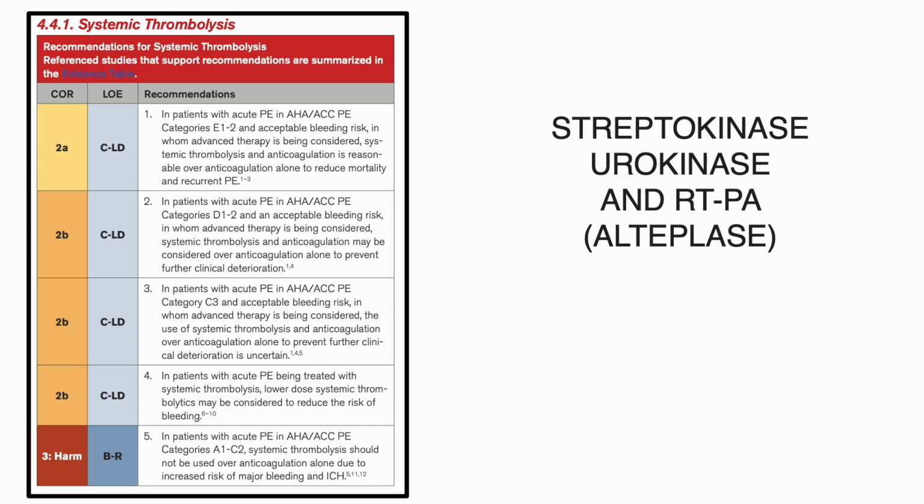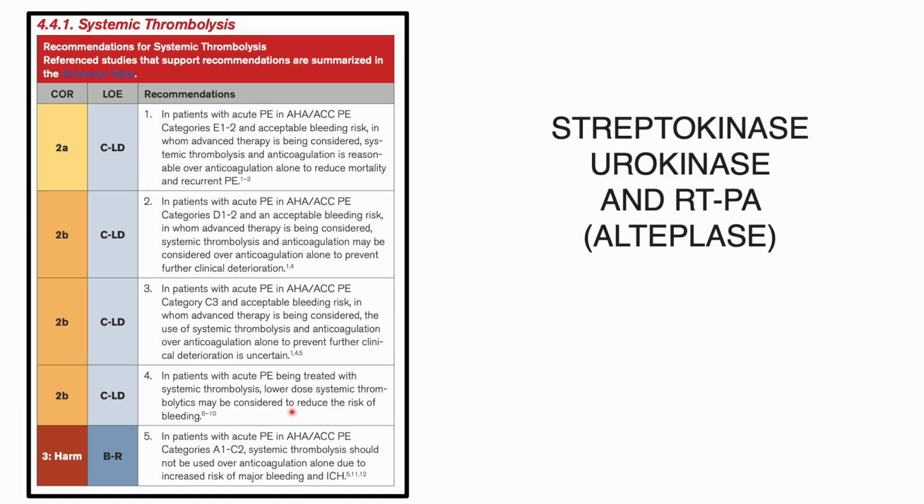Coming down to category D1 to D2, the recommendation says that when you are considering advanced therapy, systemic thrombolysis and anticoagulation together may be considered for group D. Then for category C3, again, systemic thrombolysis and anticoagulation is preferred over anticoagulation alone. So from category C3 onwards, you can do systemic thrombolysis. For patients treated with systemic thrombolysis, a lower dose may be considered.